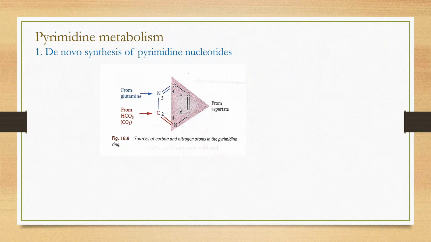Now we come to pyrimidine metabolism. Like purine, it has a de novo synthesis of pyrimidine nucleotides and a salvage pathway.